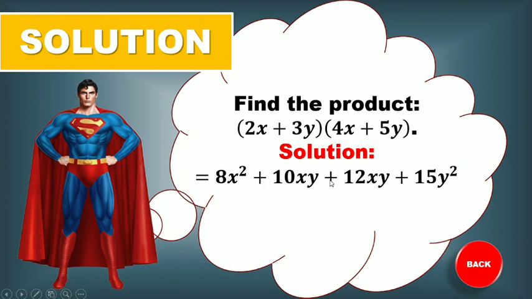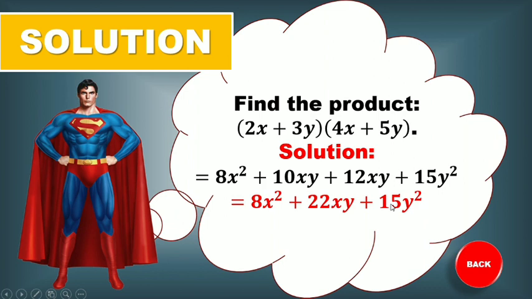So this becomes 8x squared, and then 10xy plus 12xy, that's 22xy, and then plus 15y squared. We just copy this term because it has no similar term. Therefore, this is our answer: the quantity 2x plus 3y multiplied by 4x plus 5y is equal to 8x squared plus 22xy plus 15y squared.